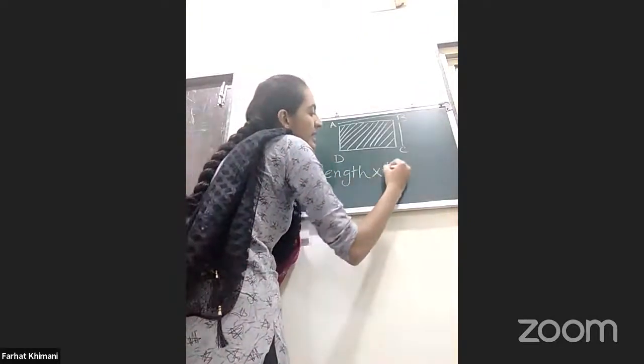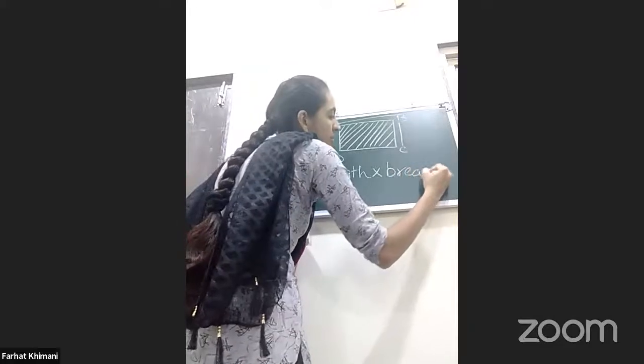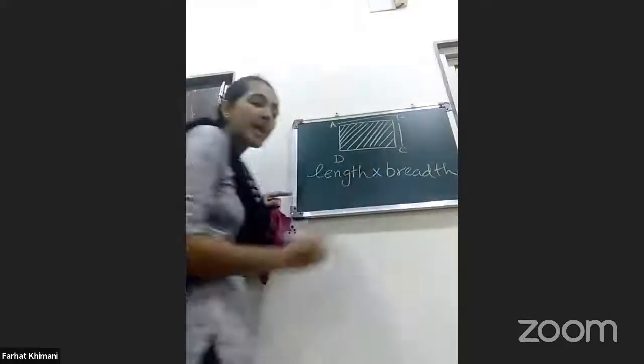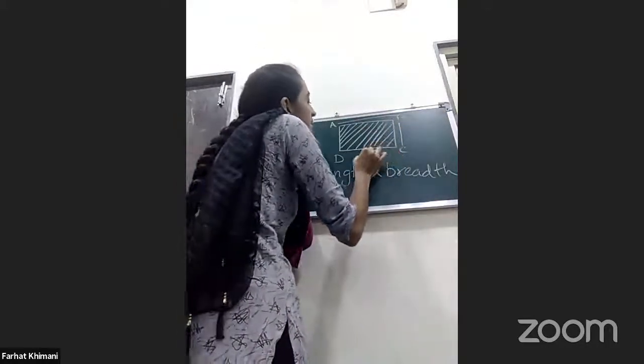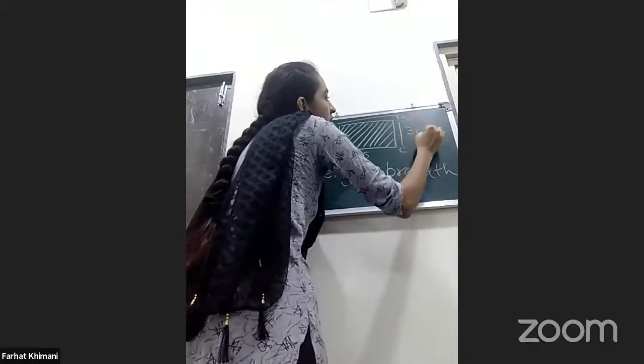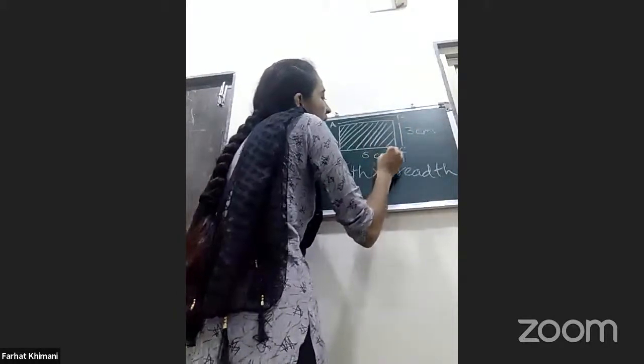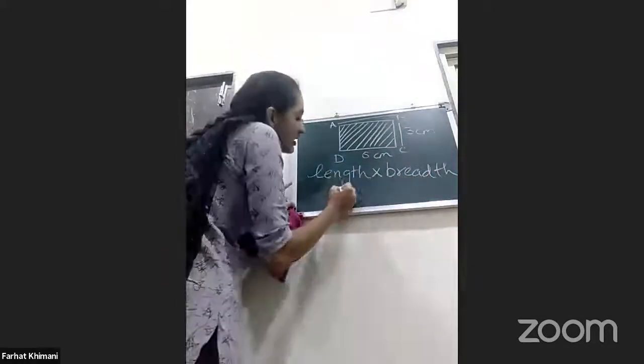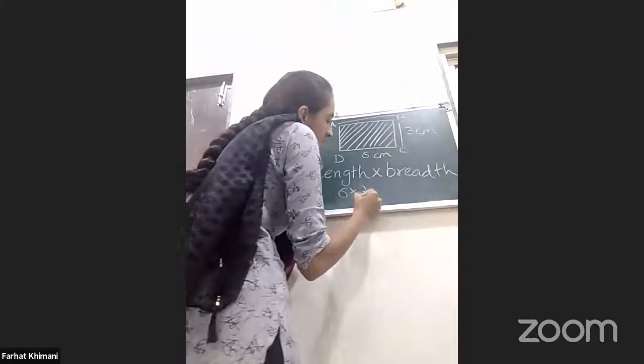Say the length and breadth of this rectangle are 6 centimeter and 3 centimeter. So the area of this will be 6 multiplied by 3.